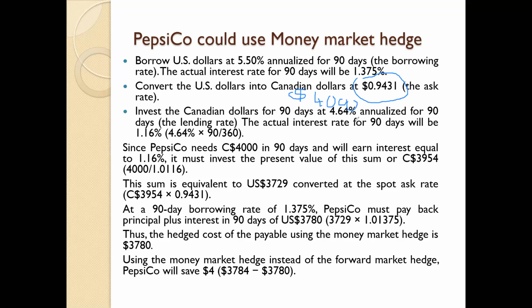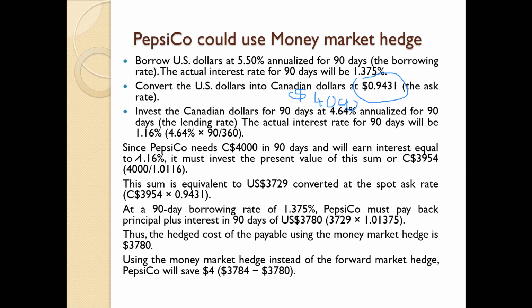For that investment he will receive 4.6% interest per annum. That means per 3 months it will be 1.16%. Then you can calculate the actual interest payment received after 3 months for his Canadian dollar investment.